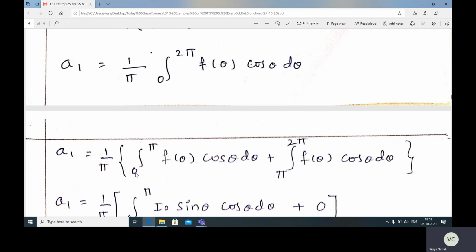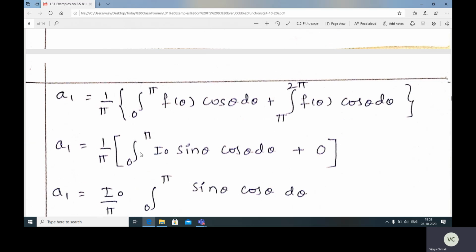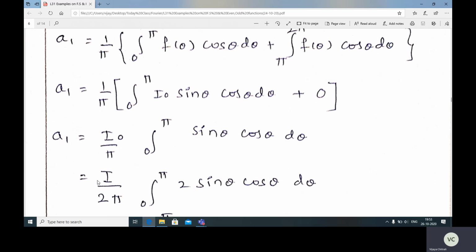In the interval 0 to pi, we have f of theta as I naught sine theta. So a_1 is equal to 1 by pi integration from 0 to pi I naught sine theta cos theta d theta. Take this I naught outside. So a_1 is equal to I naught divided by pi integration from 0 to pi sine theta cos theta.